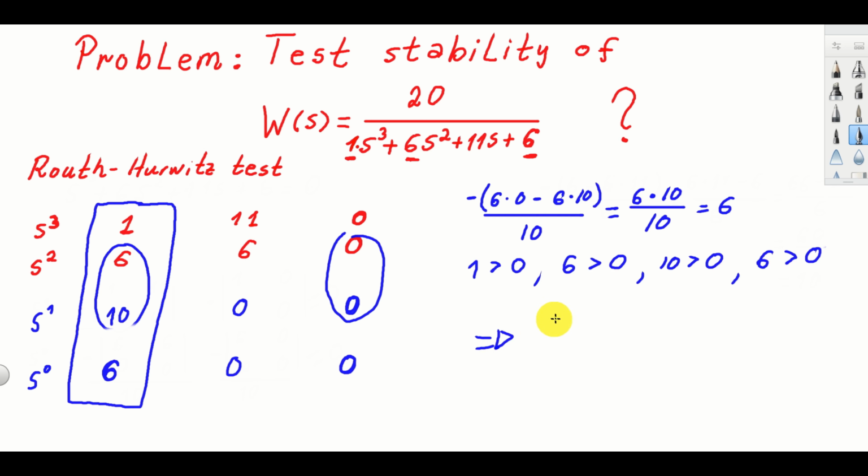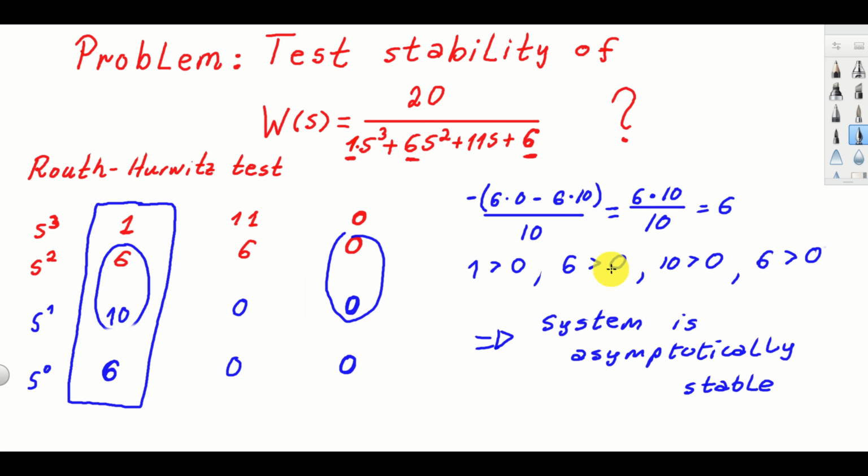Consequently, the system is asymptotically stable. I will write it down: stable. And that's it. And this is how we investigate the stability of the third order system. We construct the Routh-Hurwitz table and then we perform a simple test. We just check the positivity of the coefficients in the first column, and if the coefficients are positive, then the system is asymptotically stable. And that's it.